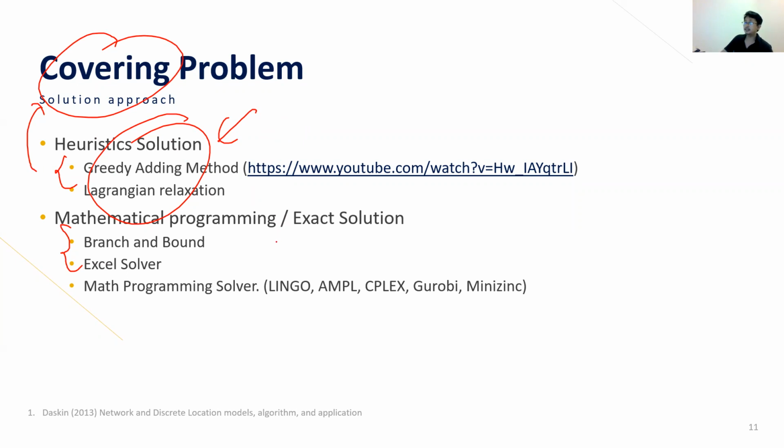If not, I will just introduce how to implement those mathematical modeling approaches in, let's say, AMPL, because for Excel, I think you already understand how to use it.